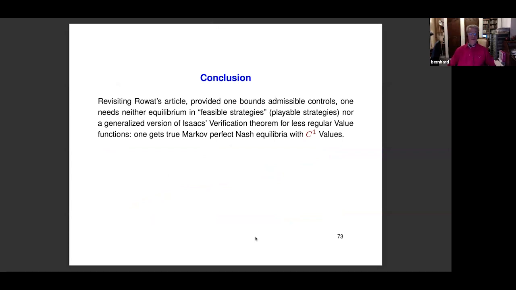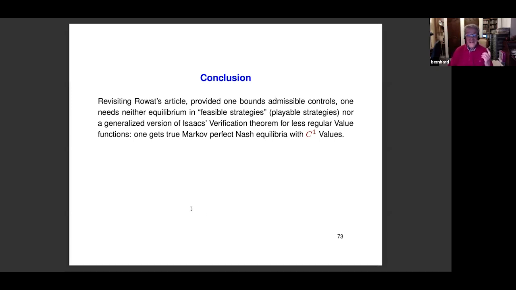Okay, let me conclude. So revisiting Rowat's article, provided one bounds admissible controls, and therefore does not have to care about, well, you have solved essentially the boundary condition that you want the value function to remain bounded.